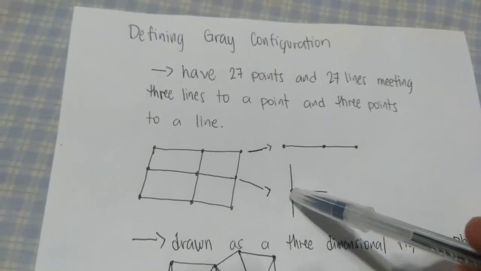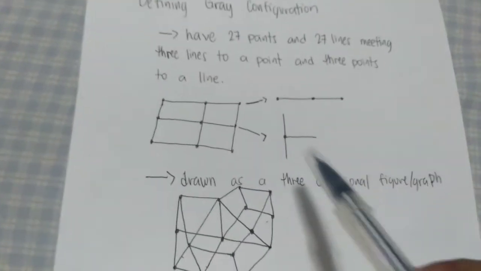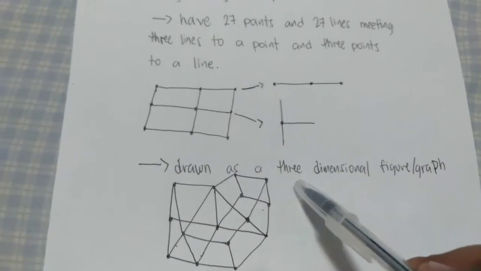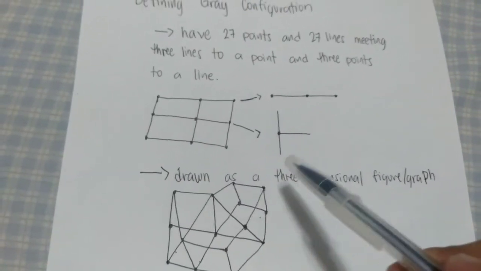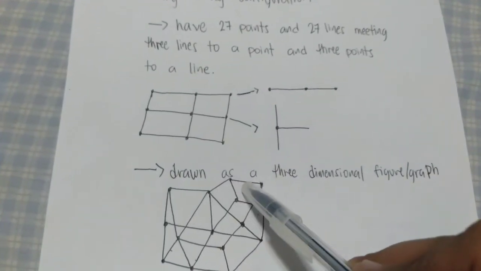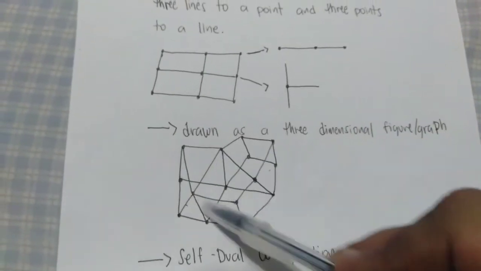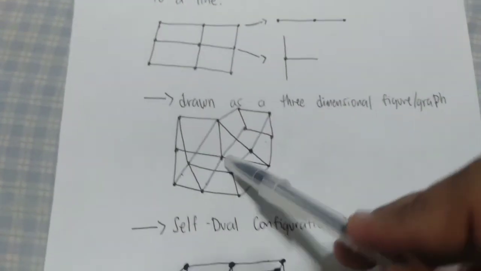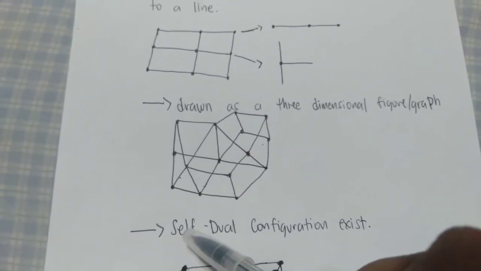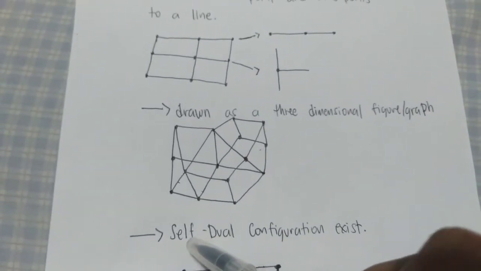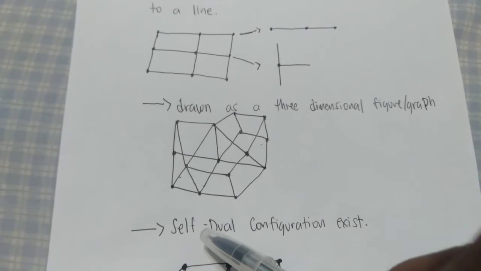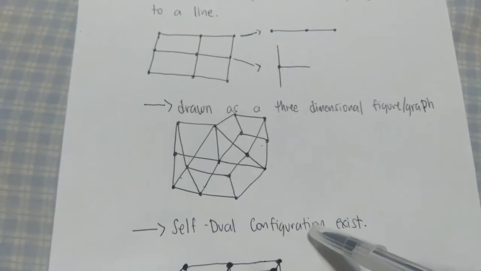1, 2, 3. The second defining property of the Gray configuration is that it must be drawn as a 3-dimensional figure or graph, just like this. And lastly, the Gray configuration must have its self-dual configuration.